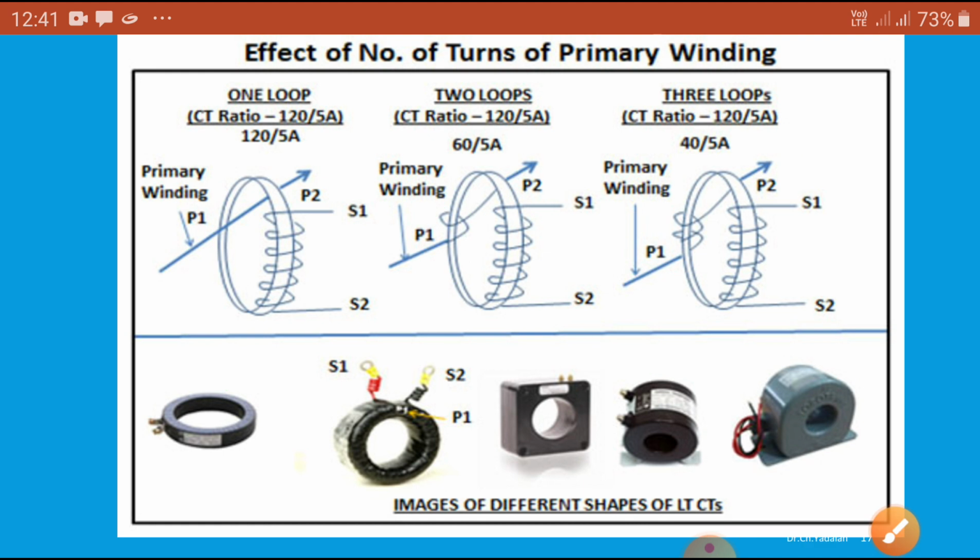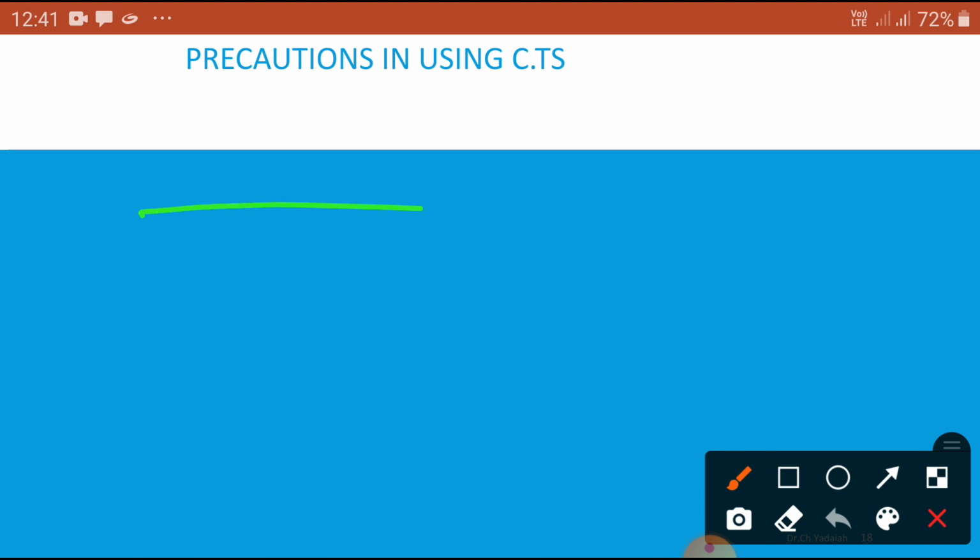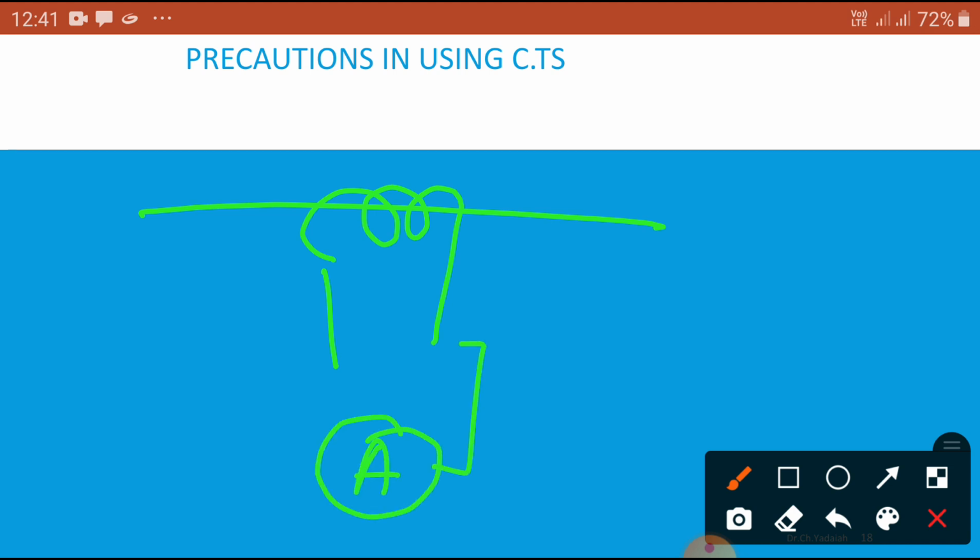The secondary of a CT should always be short circuited, as we know. So whenever the ammeter is taken out for repair or maintenance purposes, the secondary of the CT should be shorted. That means if this primary is going, this secondary should be connected to your ammeter. Once you are going to take the ammeter out, you have to short it, then remove it.